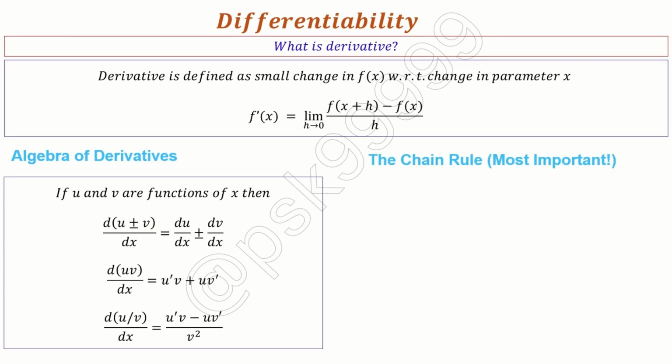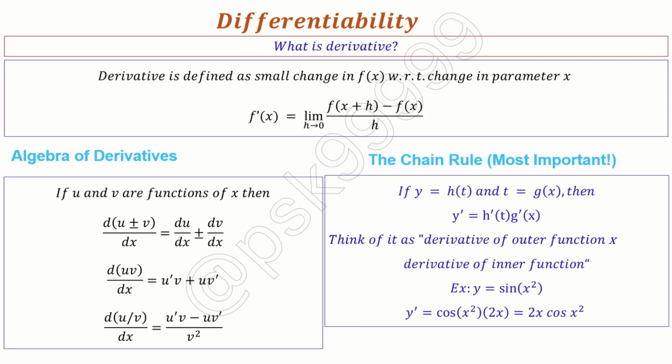Next, the chain rule. This is most important, which we have done in some problems in the initial videos, but understand this completely. Chain rule is nothing but: if y is defined as h of t and t is defined as g of x, then y dash will become h dash t into g dash x.